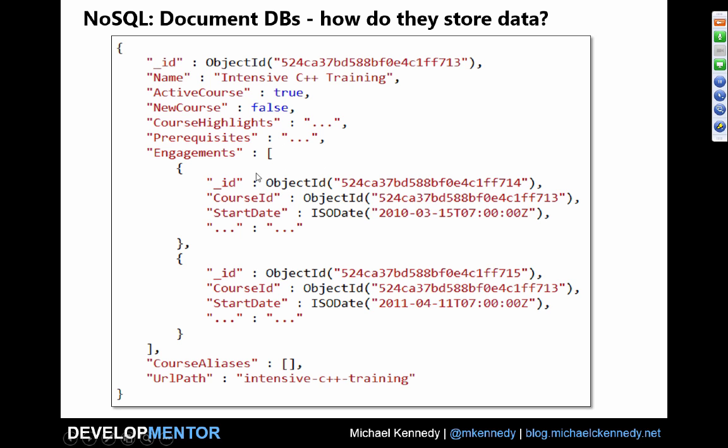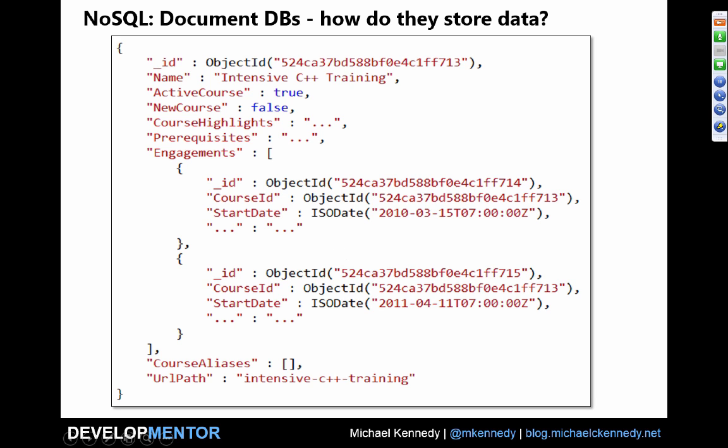This square bracket is actually an array, and then these curly braces define sub-objects. So in a normal database, we very much would create a separate engagement table, and then we would have a foreign key relationship, depending on if it's many to many or many to one. We might actually have a normalization table in the middle as well. All right. But with document databases, you don't do that.